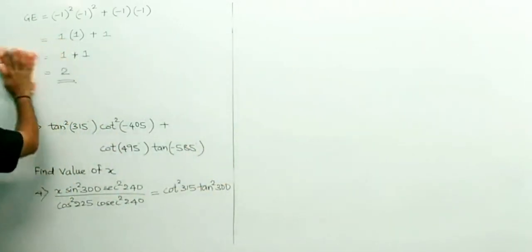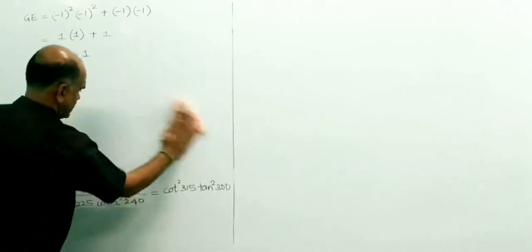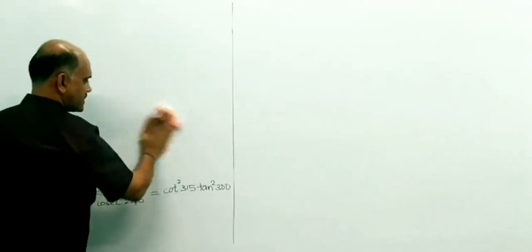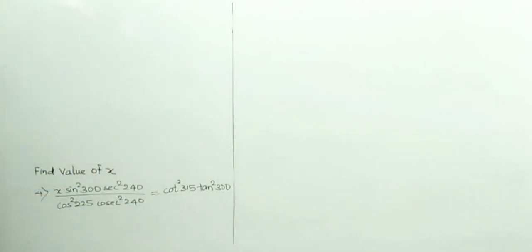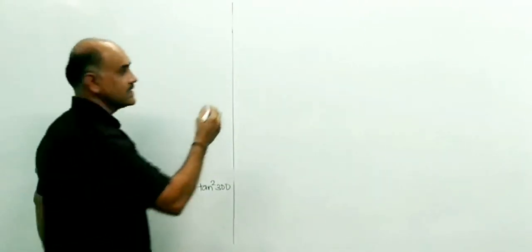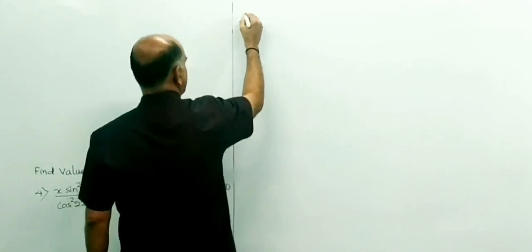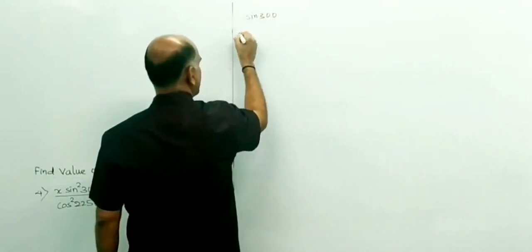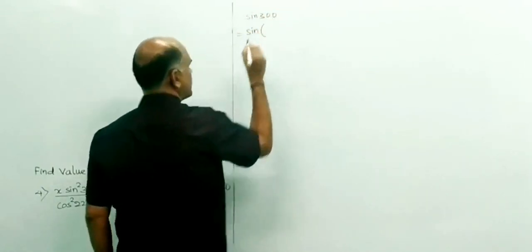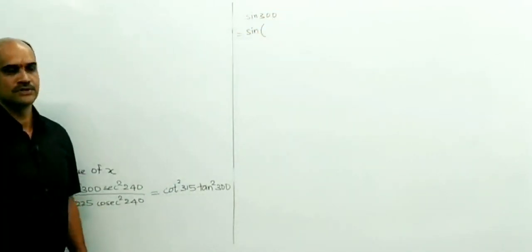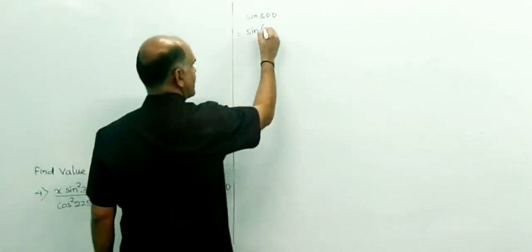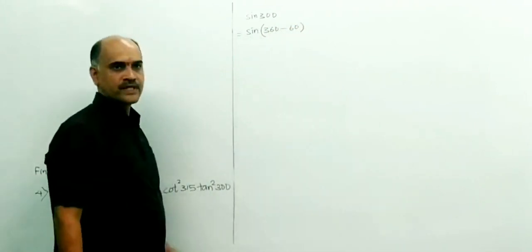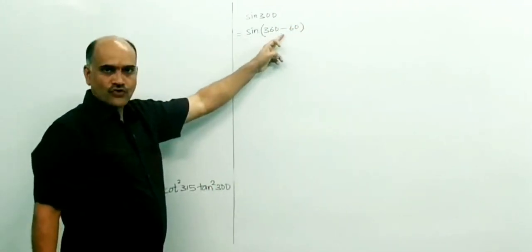Now if I take the fourth one, again first individually you find the values and substitute in the given expression. First, sine 300. Sine 300 is near to 360. So I can write it as 360 minus 60. It is in the fourth quadrant.